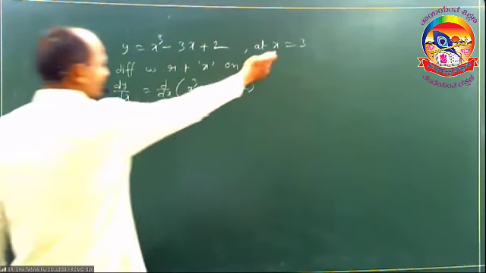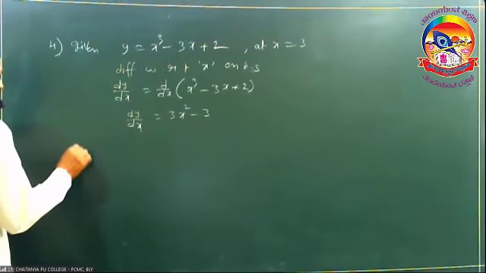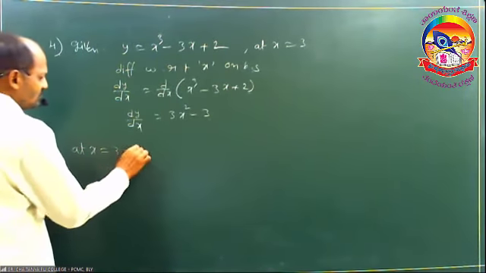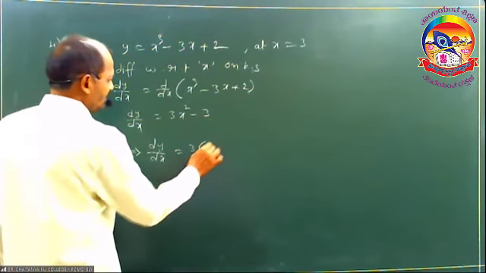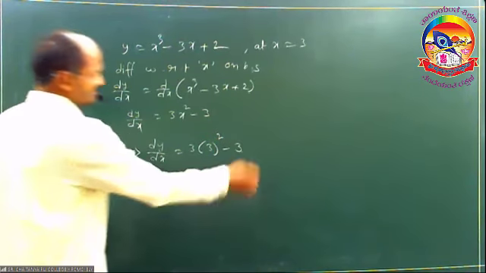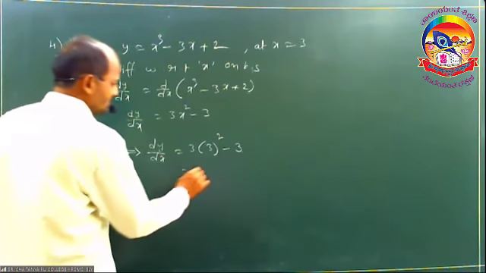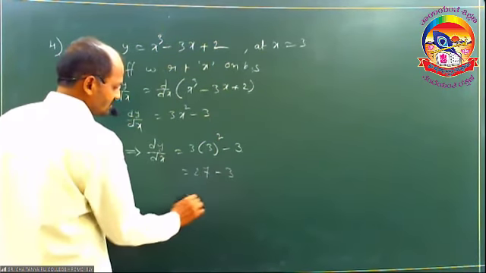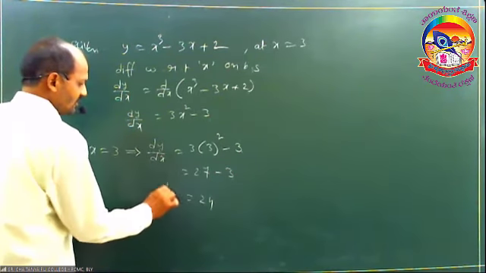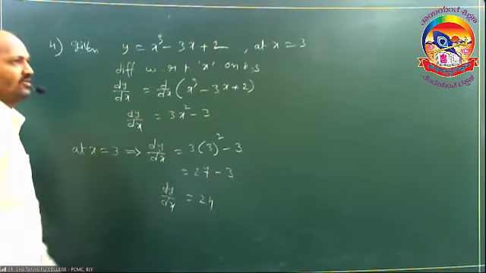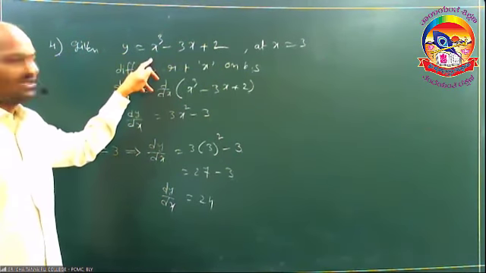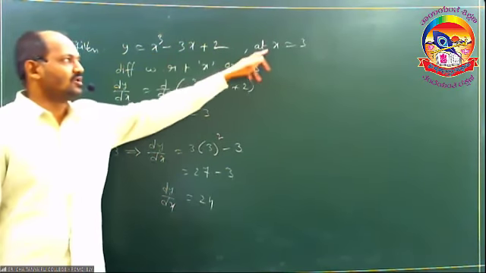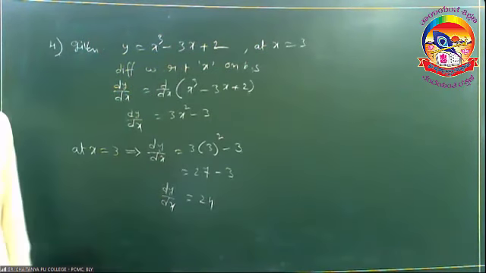But dy by dx at x is equal to 3: at x is equal to 3, dy by dx is equal to 3 into 3 square minus 3. It is 27 minus 3, it is 24. So, slope of tangent to the curve y is equal to x cube minus 3x plus 2 at x equal to 3 is 24.